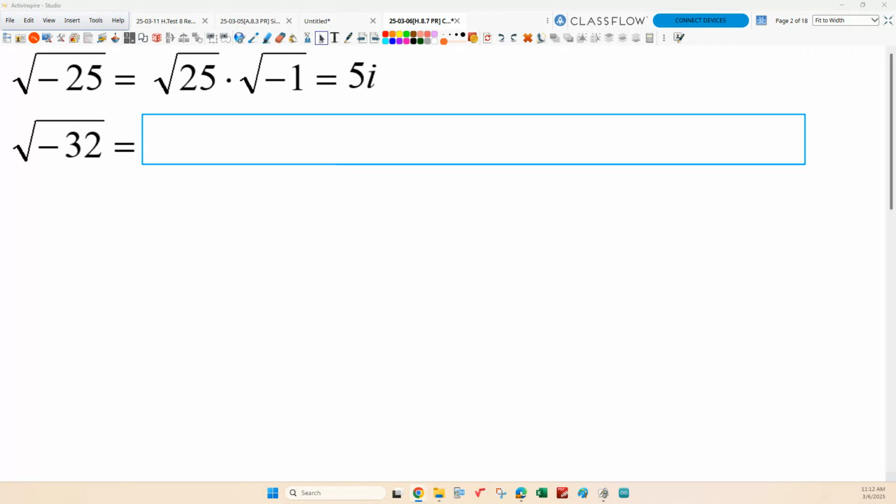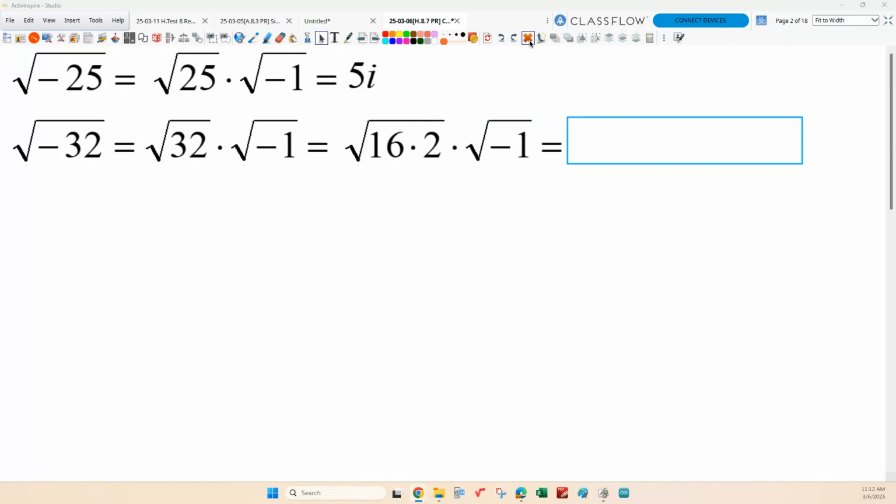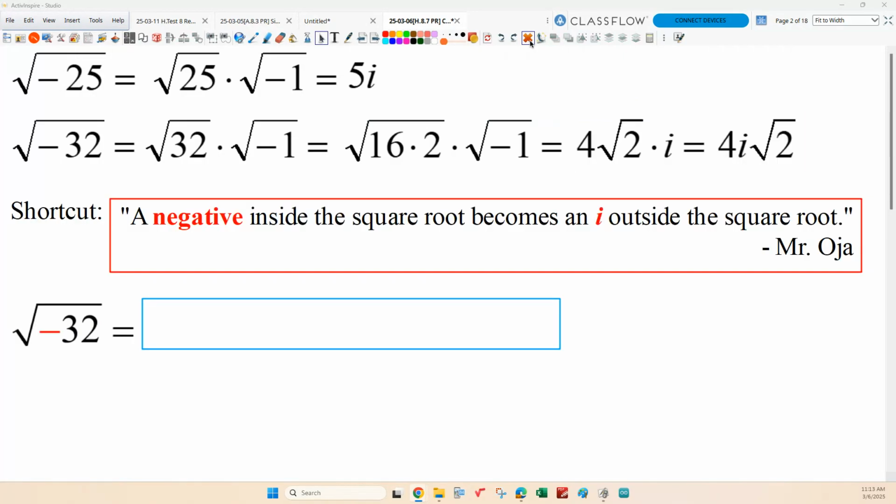I can have a bigger perfect square factor of 32 than 4. 16 and 2? Yeah. Good. So I'll split this up into the square root of 32 times the square root of -1. And the square root of 32, I'll break up into the square root of 16 times the square root of 2. So I get 4 times the square root of 2 times i.